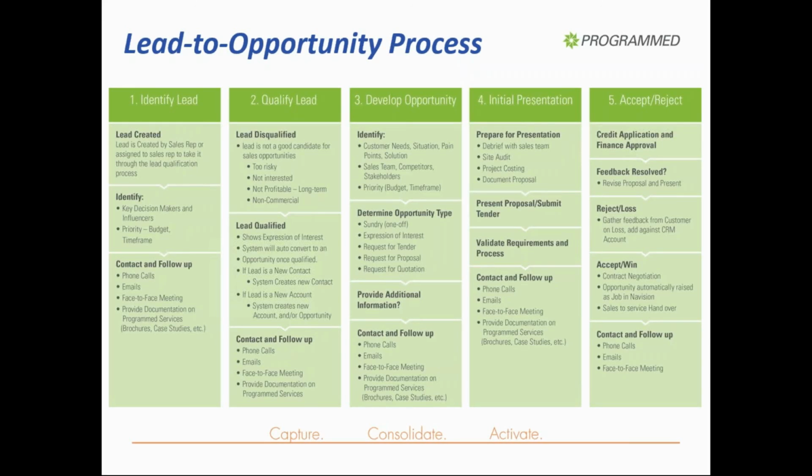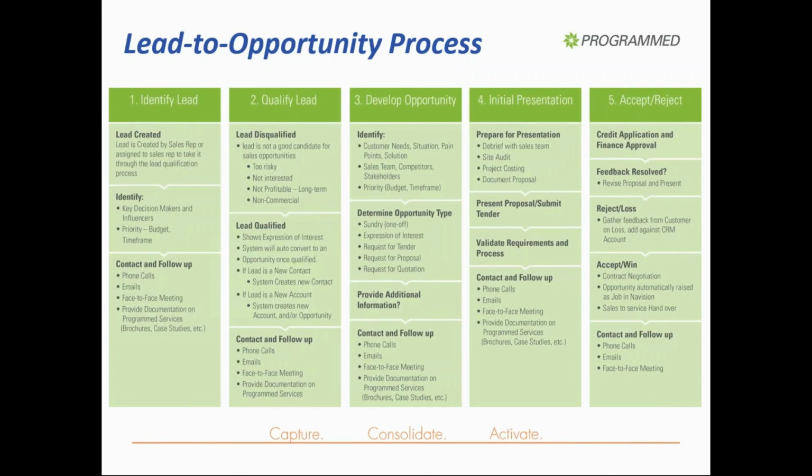This sales process is applicable for any opportunity type, whether it's a one-off sundry, an expression of interest, request for tender, proposal, or quotation. And what you notice at the bottom there is a contact and follow-up for each of these stages. What we expect to be captured throughout that sales process is all the activities, the phone calls, emails, meetings, and any documents that you have provided to the customer, contact, or lead.